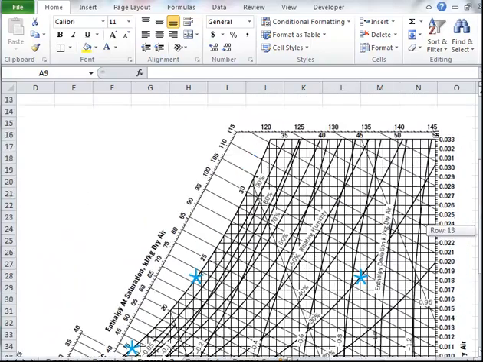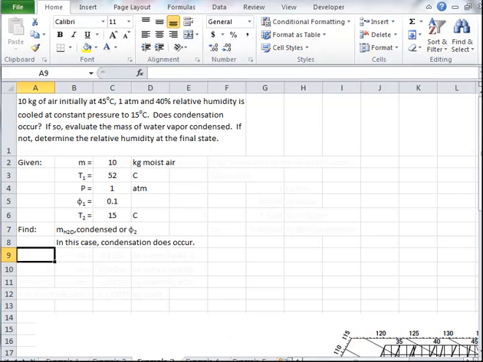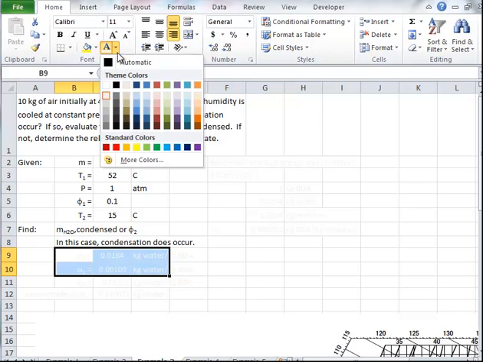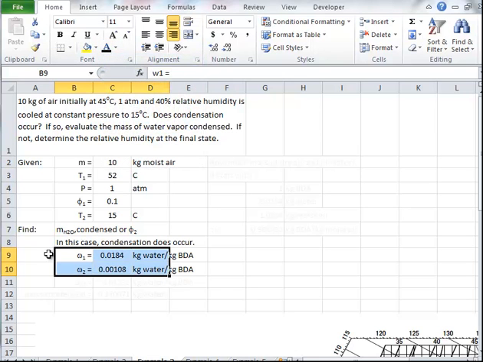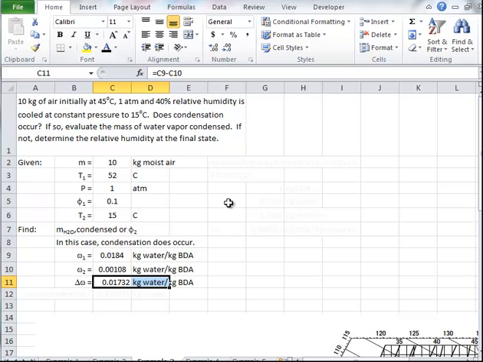I can use that to calculate the mass of water that condenses. So first I have my values I read from the tables. The difference between those will tell me how much water condenses per kilogram of bone dry air.